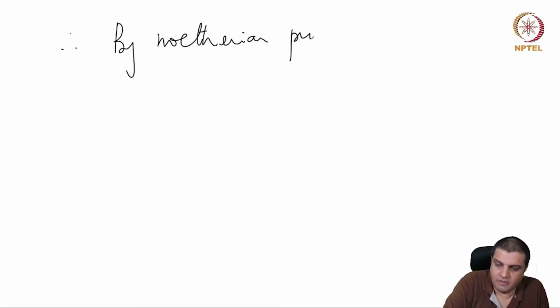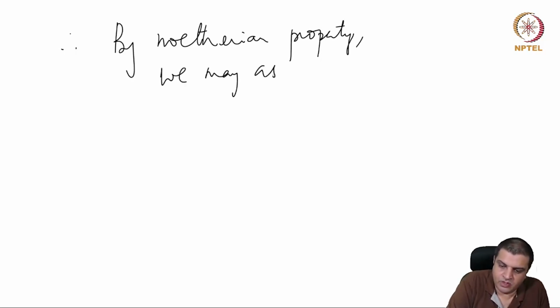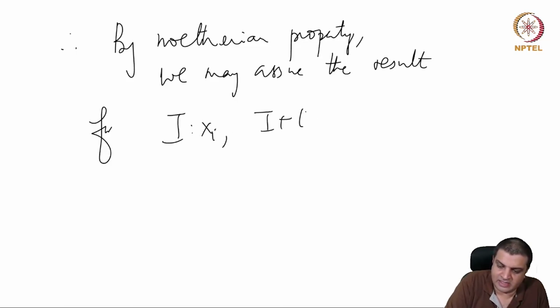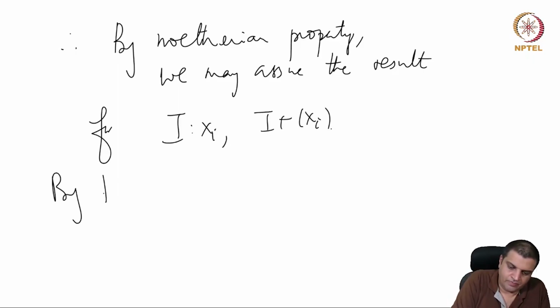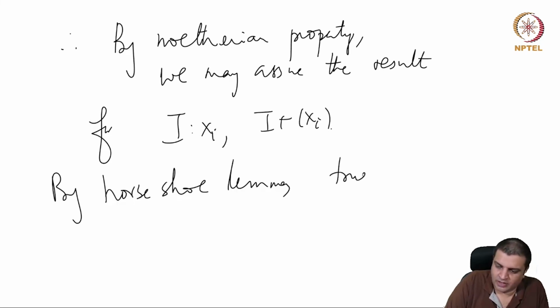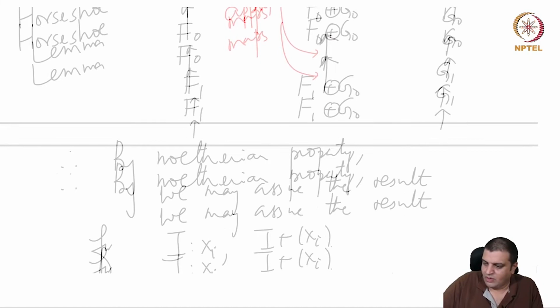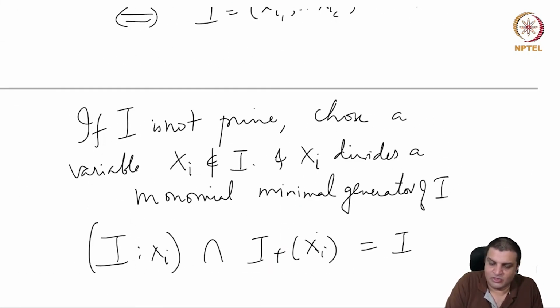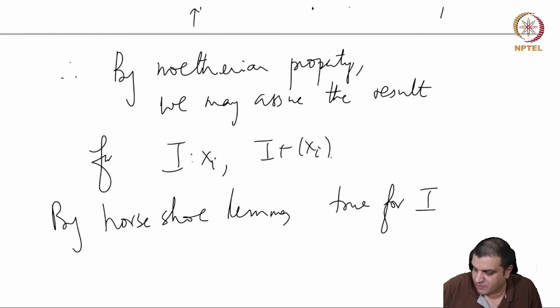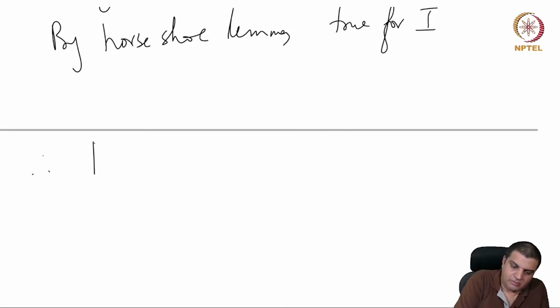We may assume the result for I colon xi and I plus xi, and by the horseshoe lemma it is also true for I. This argument worked precisely because I is not prime. So now we can assume it is prime. Now we have to handle the prime case. So we may assume I is prime.